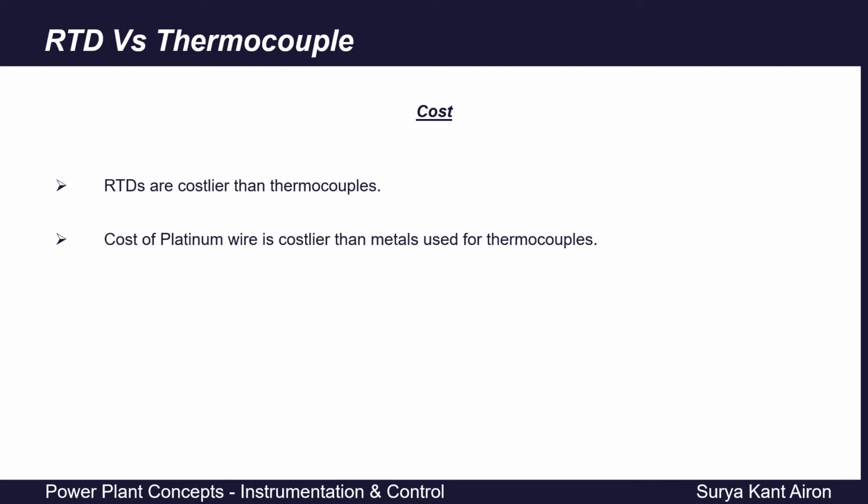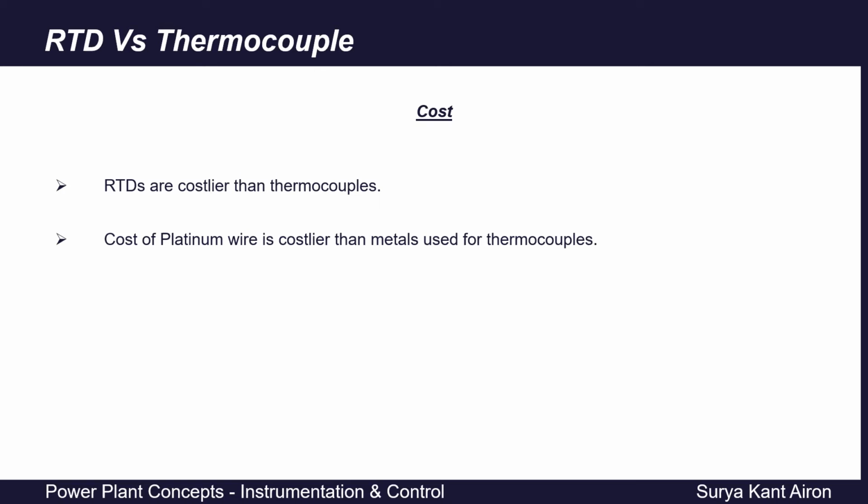Now coming to the cost. Our most commonly used RTD is Pt100, that is platinum 100, and it is made up of platinum, which is a costlier metal. So definitely the cost of RTDs is comparatively higher than the cost of thermocouples, whereas thermocouples are made up of cheaper metals as compared to platinum, and thus their cost is less.